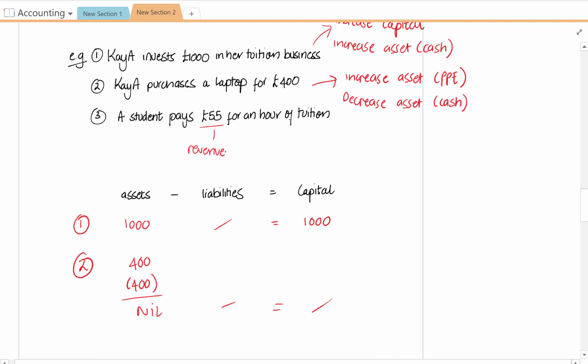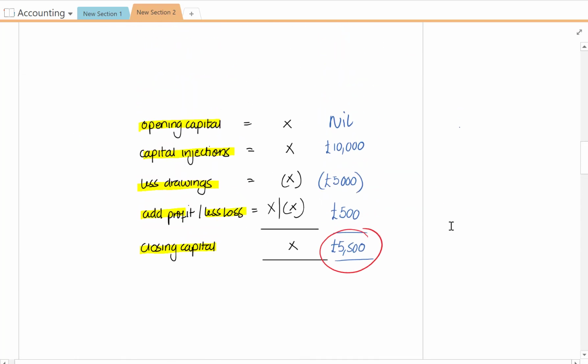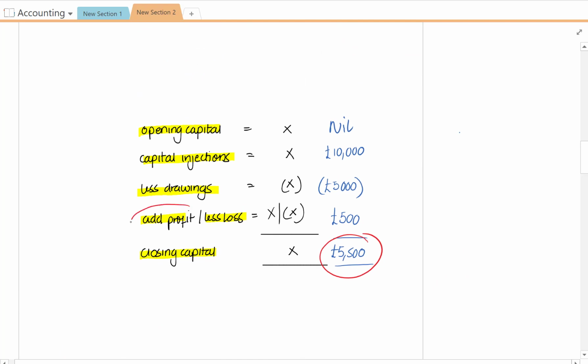When we think about the elements, income is an element of the financial statements, and as income increases, you would see that profits would increase. If we think back to the capital equation from the previous page, any increase to profits increases capital.